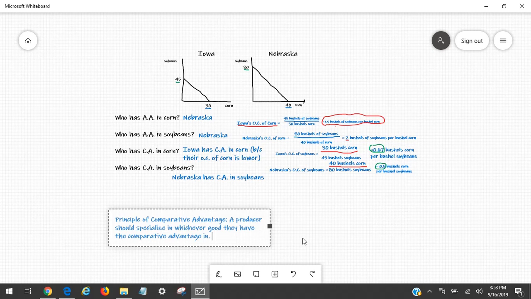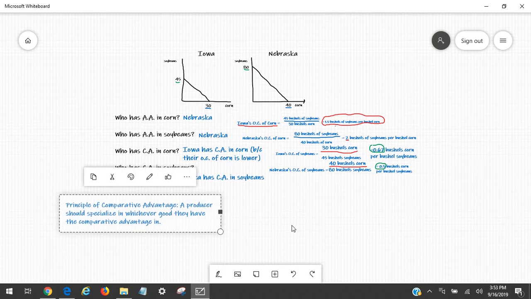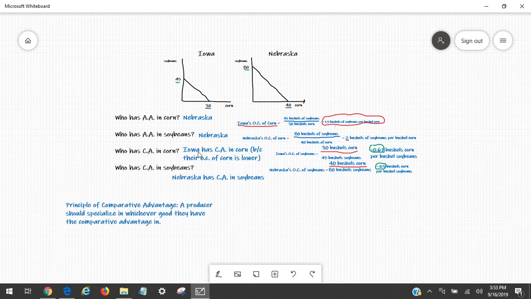Okay, so this is an important principle to remember. Producers should specialize in whichever good they have the comparative advantage in. So going back up here, Iowa had the comparative advantage in corn. That means that they should specialize in corn. That's what this principle is telling us. Since Iowa has the comparative advantage in corn, they should specialize in corn.